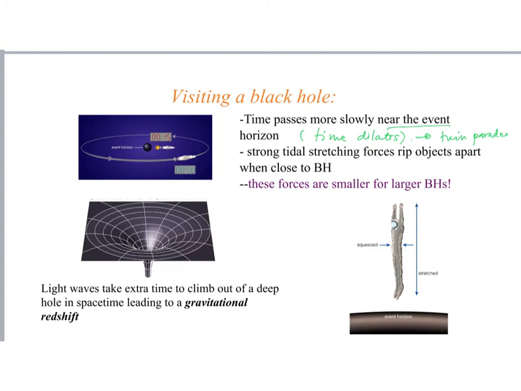It's like you and your twin: one of you stays on the surface of the Earth, and one of you, by some kind of magic, ends up close to the event horizon of a black hole. The one close to the event horizon is going to spend maybe an hour or two just hanging out there, seeing what it's like. And then say it has the possibility to come back to its twin.